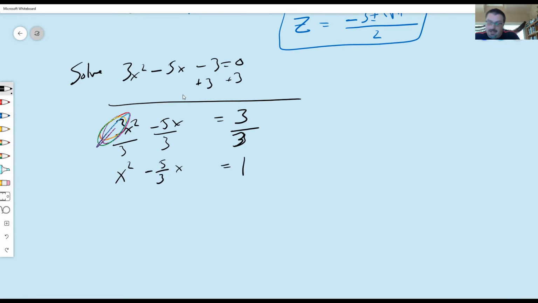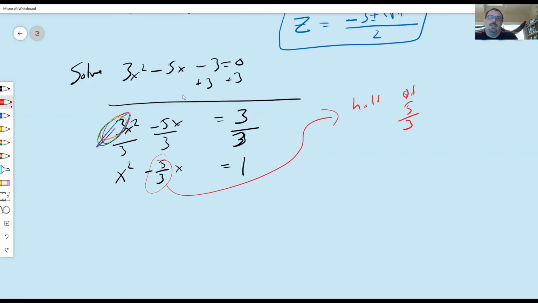Oh, we're kind of lucky. The right side came out 1, so that's pretty simple to use. The left side, we got x squared minus 5/3 x. So half of 5/3.